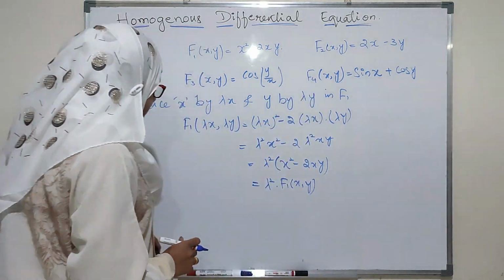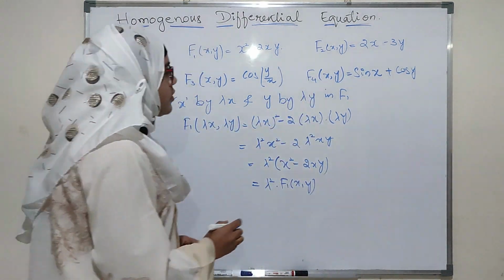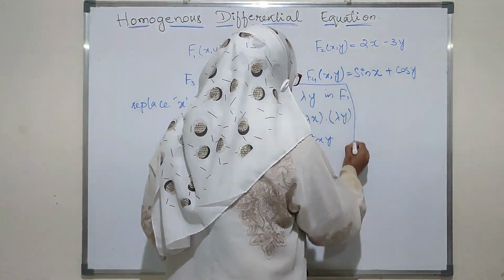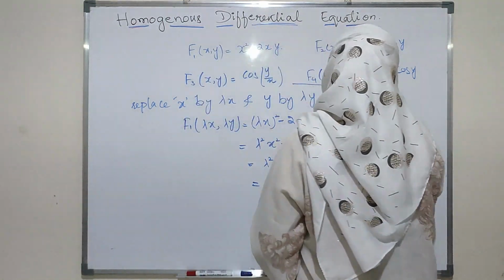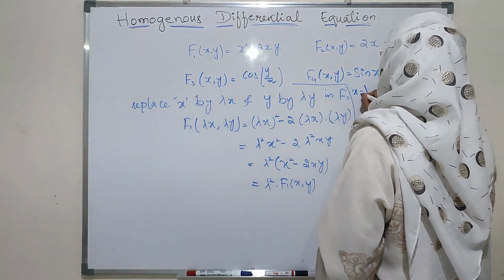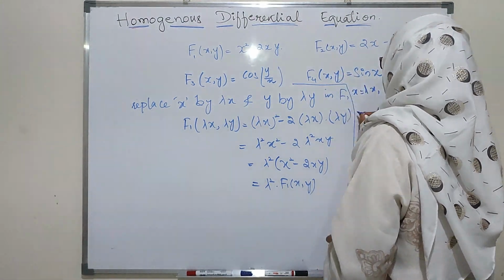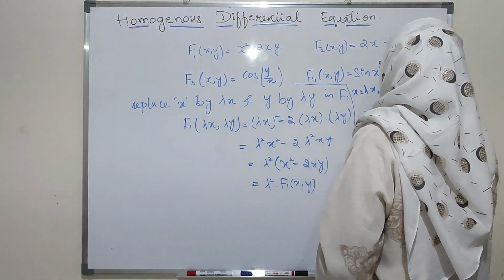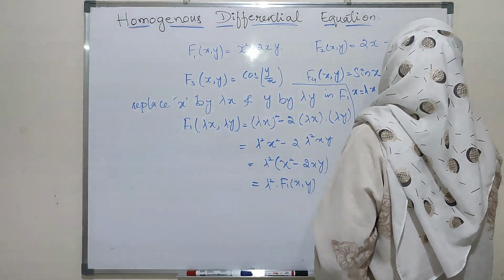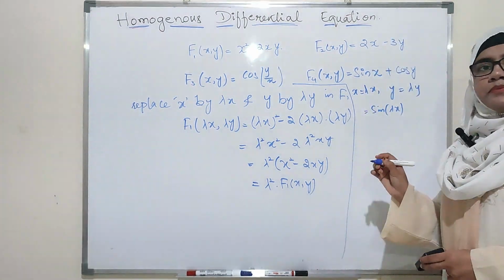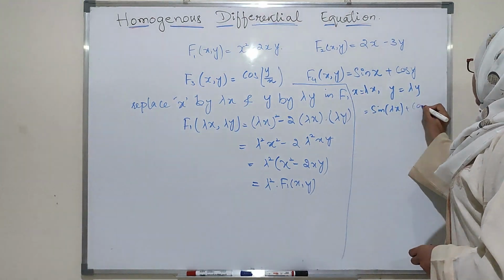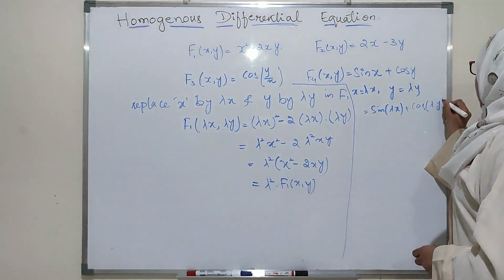Now we will check for f4. For f4, replace x by lambda x and y by lambda y. Then it becomes sine of lambda x plus cos of lambda y.